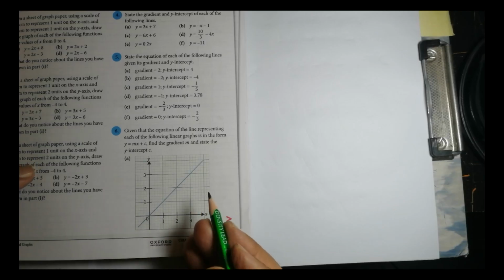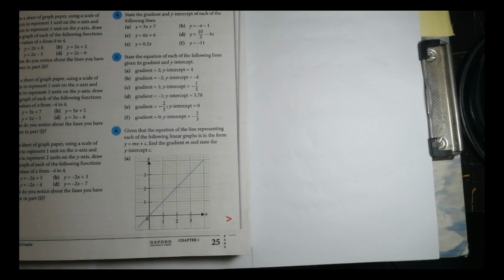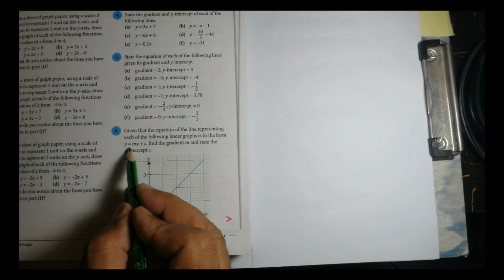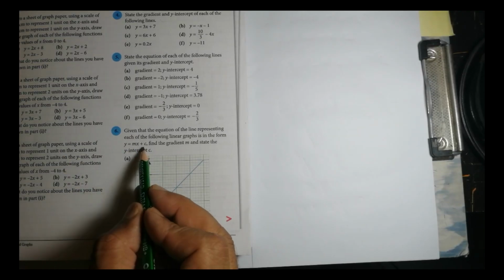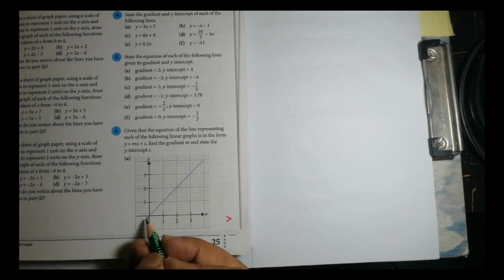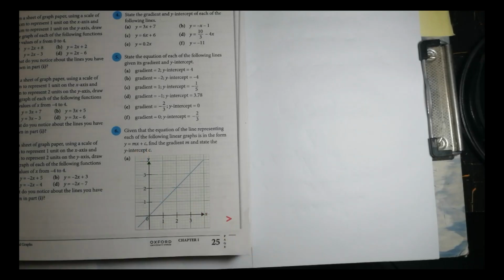And what is the slope? Actually, this is the standard equation of a straight line. The standard equation of a straight line is this one. And c, we found that it is passing through the center, so it means its y-intercept is 0.